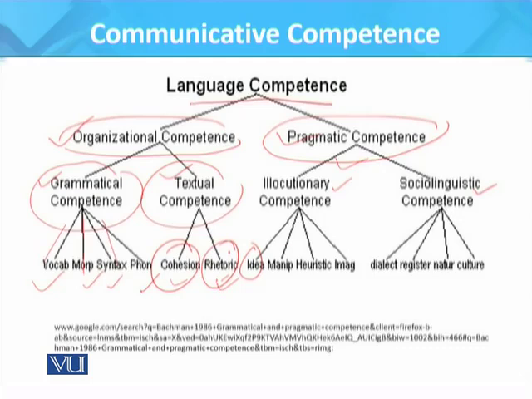Manipulative means affecting the world around us; we can interpret and create things according to our own will. Then you have heuristic, that is extending our knowledge of the world. Then you have imaginative, that is the aesthetic or humorous use of language, based on imagination. Now, coming to the sociolinguistic competence, you have dialect, register, naturalness, and cultural aspects.